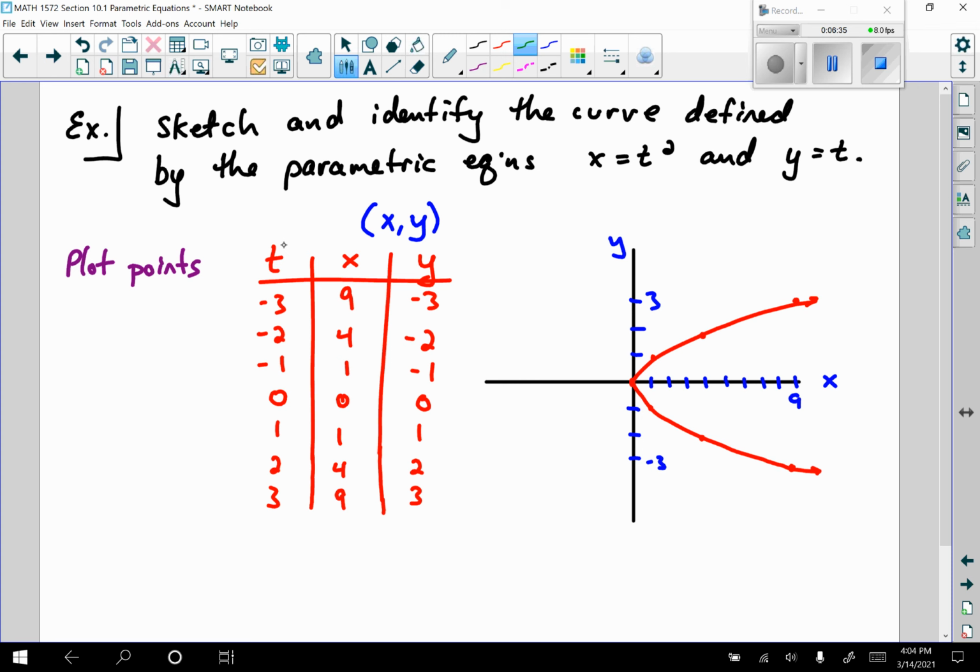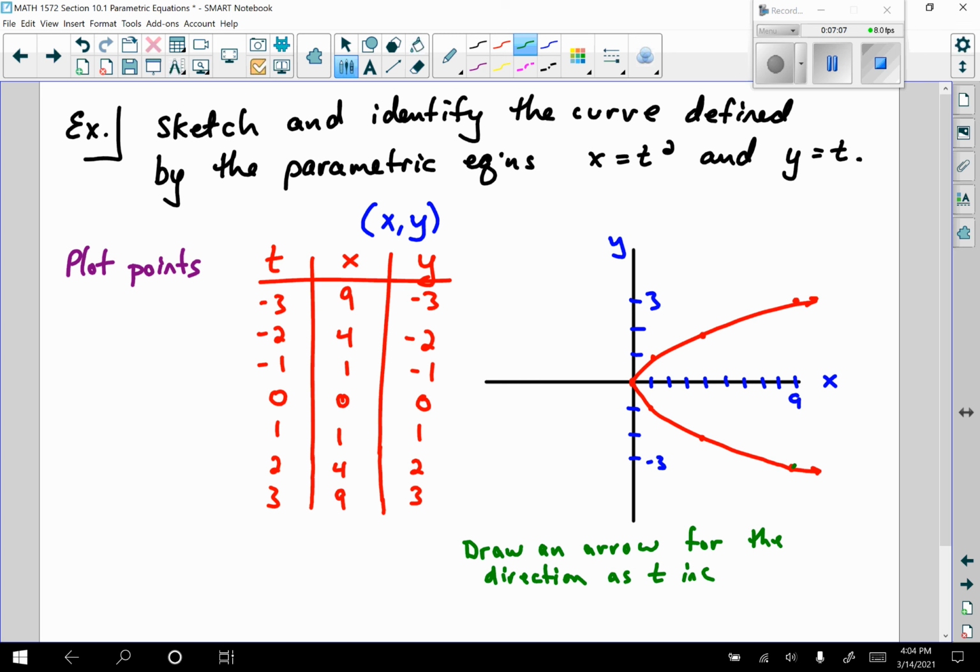But let's trace out the direction. So we want to draw an arrow for the direction as t increases.